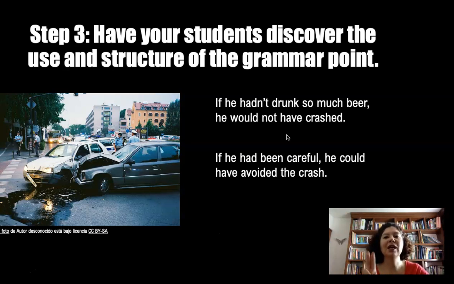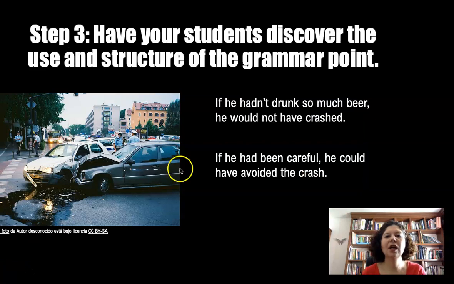The second thing about the formula or the structure, you have them see one example that is correct and you ask them, okay, is the verb in simple form? Here. How is this verb?